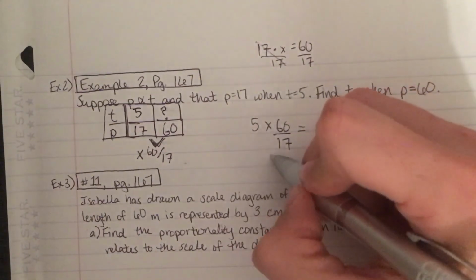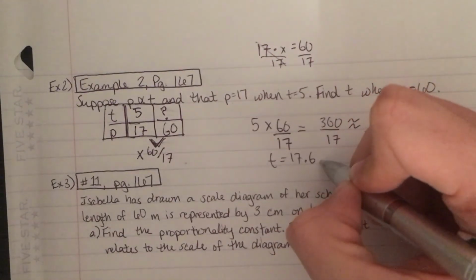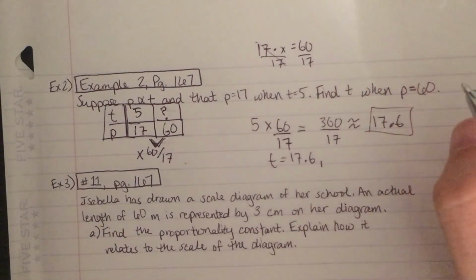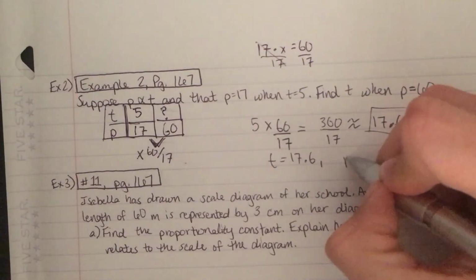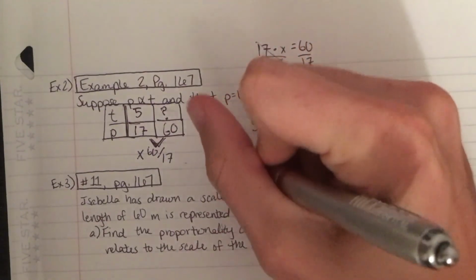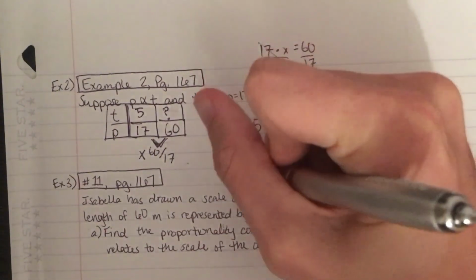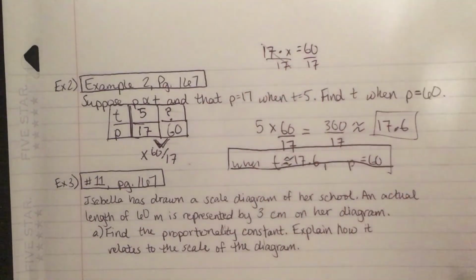So when T equals 17.6, then we can say that P equals 60. And we're going to say approximately 17.6, so we rounded to get that answer.